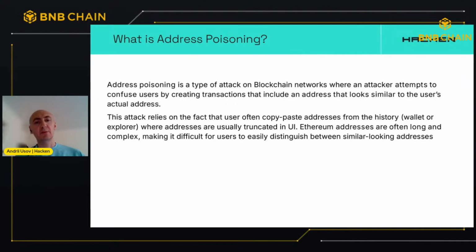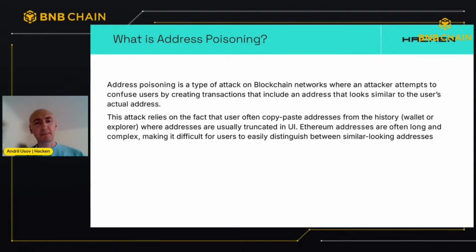The user copy-pastes an address from the history of their transactions, and because the address is long and complex, it's very easy to make mistakes and copy a wrong address. That's the idea of the attacker, just to confuse the person.